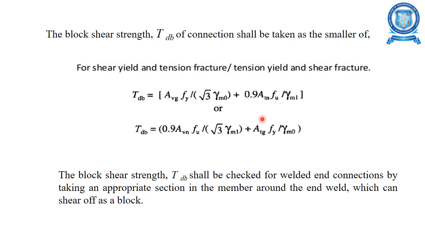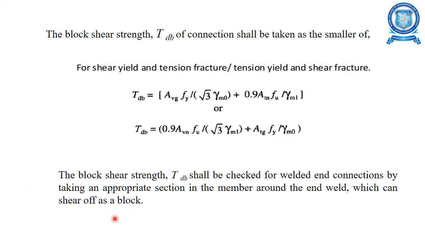Then Atn is equal to minimum gross and net area in tension from the bolt hole to the toe of the angle end bolt line perpendicular to the line of force. Then TDB is equal to 0.9 Avn Fu divided by square root of 3 gamma m1 plus Atg Fy divided by gamma m0. So already we discussed about Avg, Avn; same like Avg, Atg and Atn are the same.